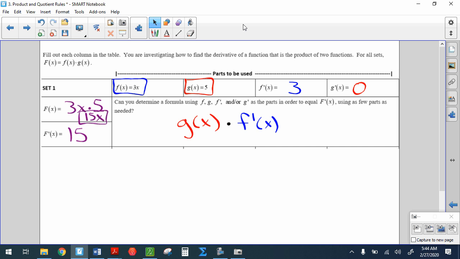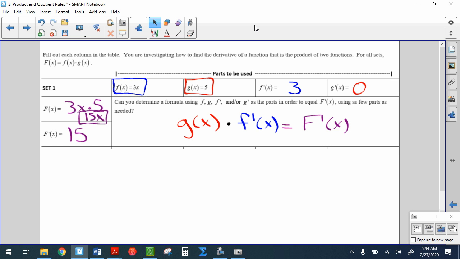So g of x equals 5, f prime of x equals 3, and capital F prime of x equals 15. Using as few parts as possible, that's my rule so far: g of x times f prime of x.